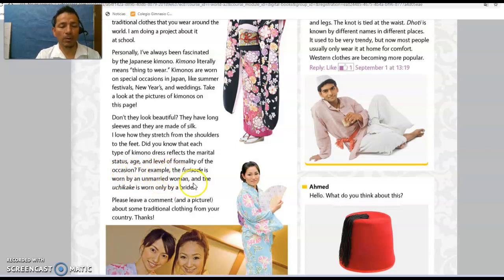For example, the furisode is worn by unmarried women and the uchikake is worn only by a bride. Please leave a comment and a picture about some traditional clothes from your country. Thanks.